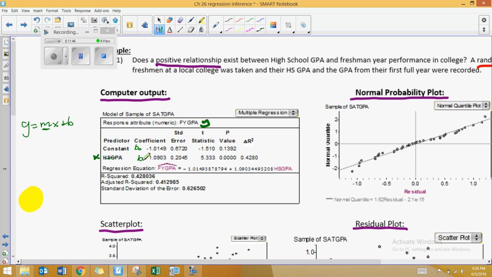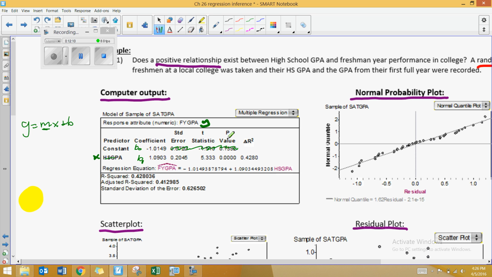That's B1. That's a little better. Okay, so we've got B1 and B naught. And while B naught is useful, the standard error of B naught and the t-statistic for B naught and the p-value for B naught are not.